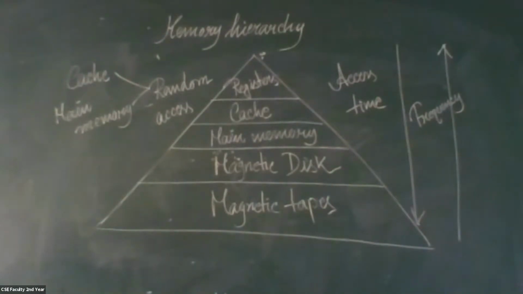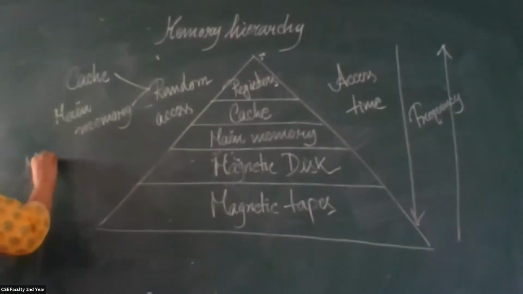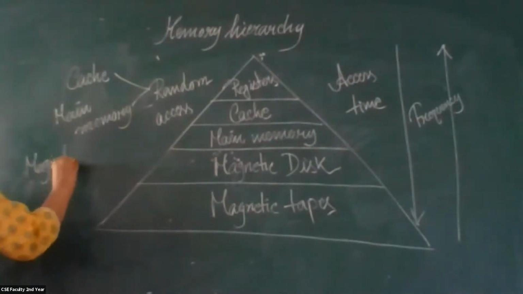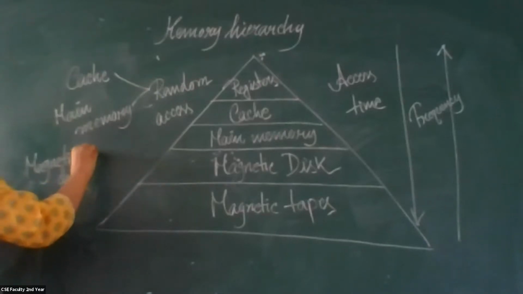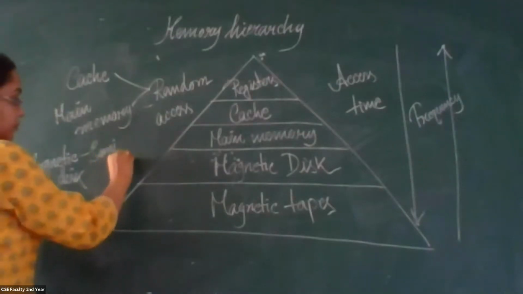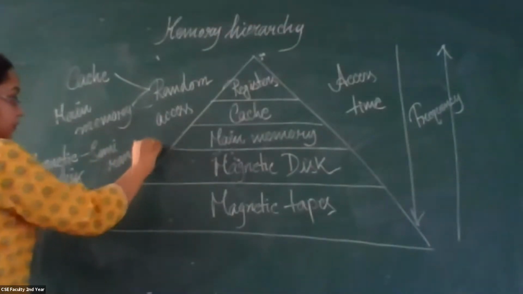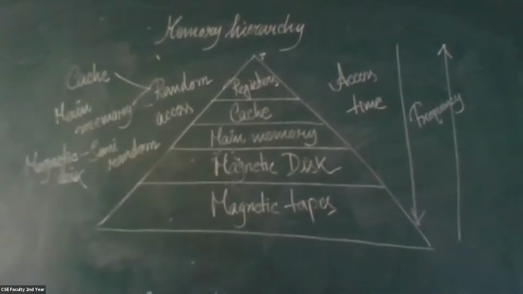Next is the magnetic disk. It is semi-random. It is not totally random access, it is semi-random access. Why is it called semi-random access?